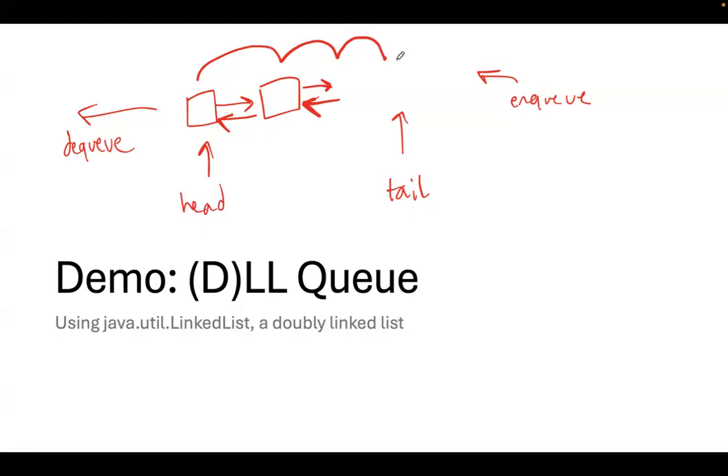And if we have 10 things in our list, not a big deal. If we have 1,000 or 10,000, then that gets to be a bigger deal.